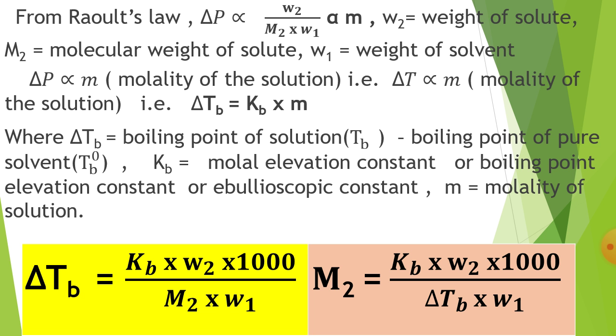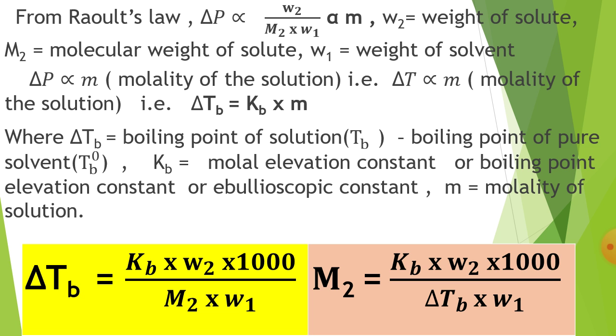If we remove the proportionality sign, we get one constant, that is known as Kb. In that condition, we get the formula delta Tb equals Kb multiplied by molality, where delta Tb is the boiling point of the solution Tb minus the boiling point of the pure solvent T naught b. Kb is the molar elevation constant, or boiling point elevation constant, or ebullioscopic constant. This I have explained here.